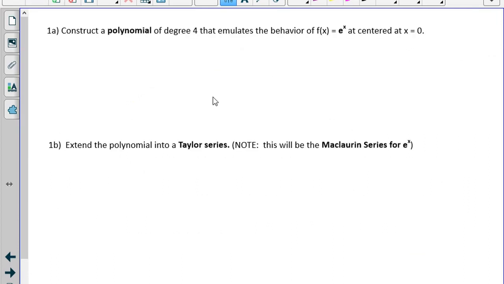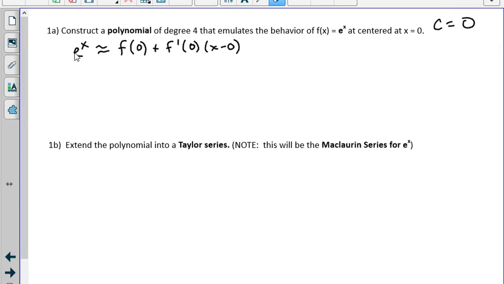Construct a polynomial of degree 4 that emulates the behavior of f of x equals e to the x centered at x equals 0. So e to the x is going to be approximately f of 0, notice that our center here is 0, so I'm replacing c with 0 in all of these, plus f prime of 0 times x minus 0. I don't have to continue writing x minus 0 all the time because this one's centered at 0.